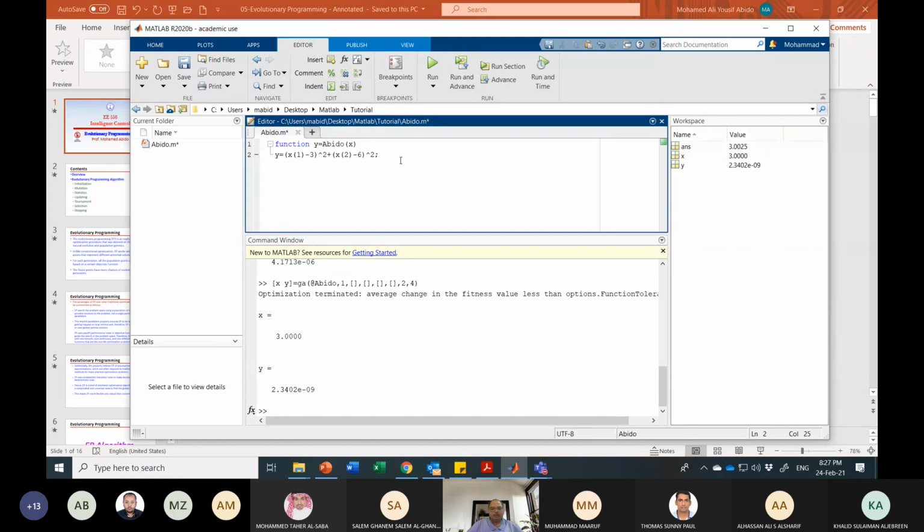So we have here two variables, and this is the function. Let us save it here. So what do you think the solution of the function is here? What is the solution now?